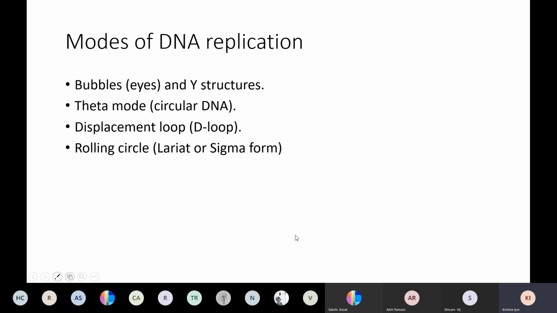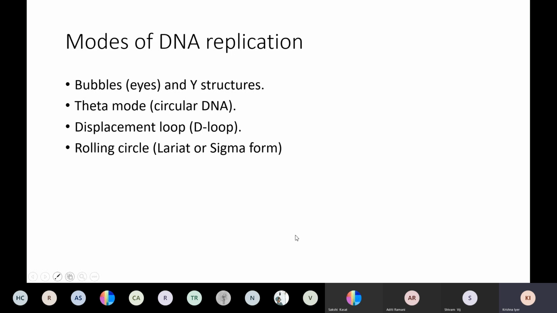In nature, nature always throws you a surprise in terms of how DNA replication occurs. But these are the 4 main ones. There are other ones which are many times variations of these, slightly different, and there are other modes of replication. But by and large, the 2 main ones are actually bubble and theta.